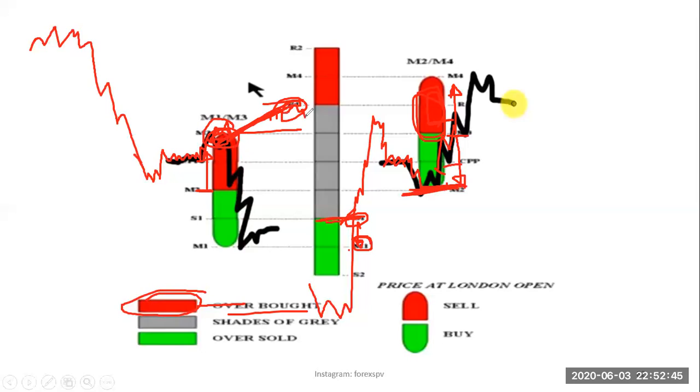But when it goes further up, then that will be a high risk sell. And suppose you have missed an entry and price reached this level here. That's an area for oversold. I should never look for sales there. You'll be chasing price. So that's how I use the pivot point.